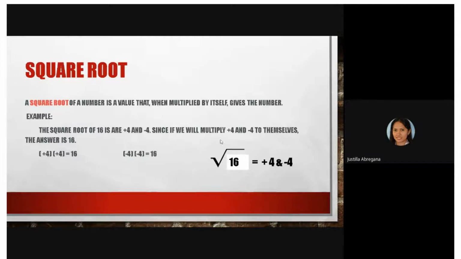That's why positive 4 is one of the roots of the square root of 16. We also have negative 4. Negative 4 times negative 4, negative times negative, is still positive, so negative 4 times negative 4 equals positive 16. That's why we have two roots, positive 4 and negative 4.